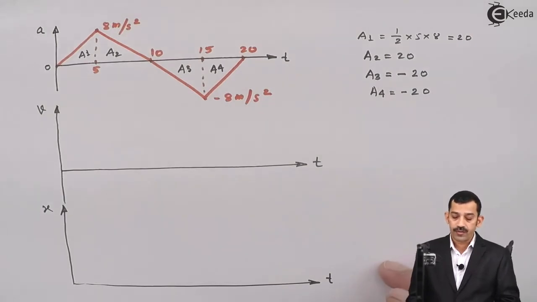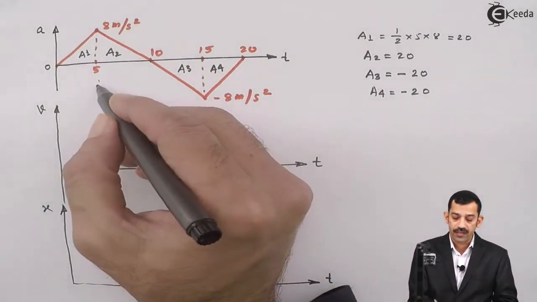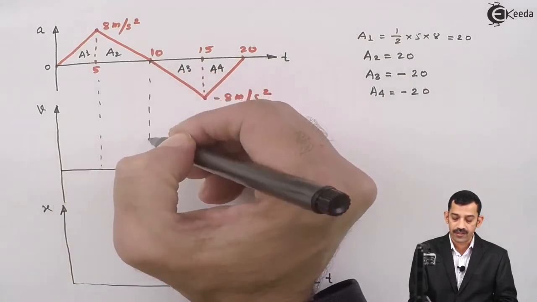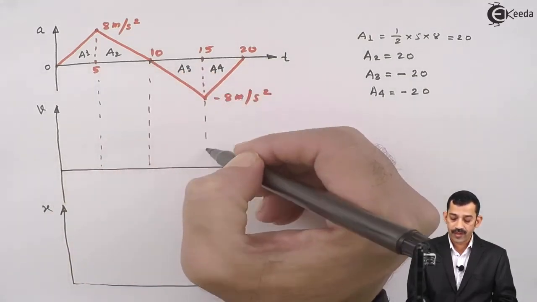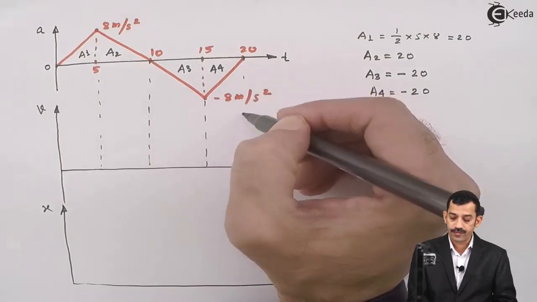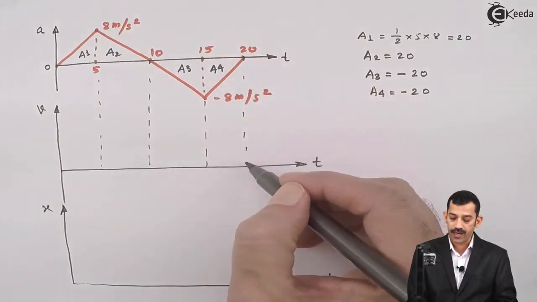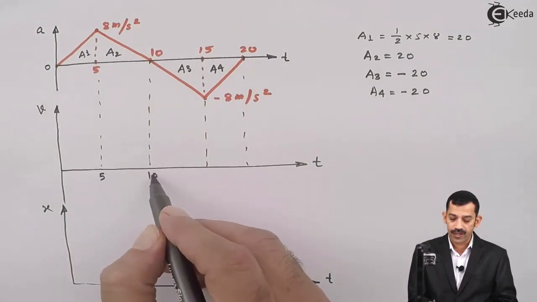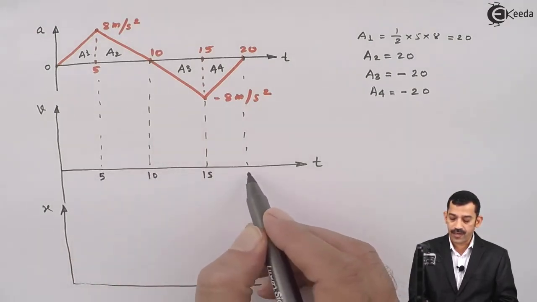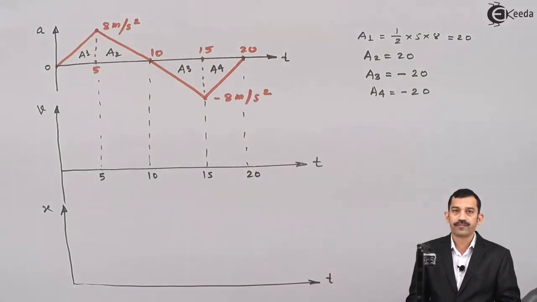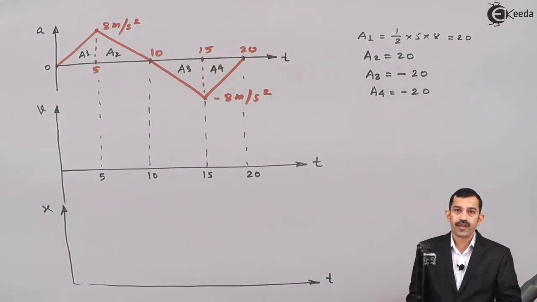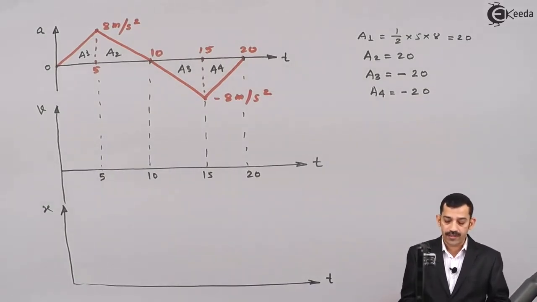Using this, you will now get the velocities at different time instances. Let's represent the time instances on this x-axis: 5, 10, 15 and 20 seconds. To draw the VT diagram, you have to find out the velocities at all these time instances.